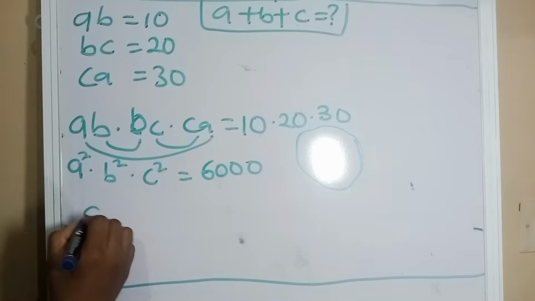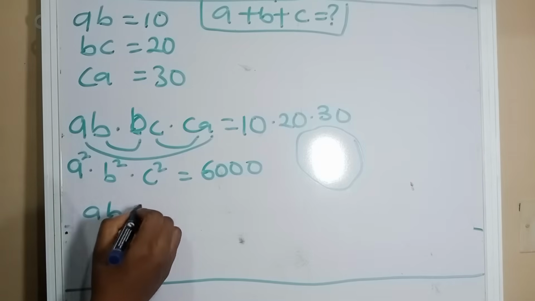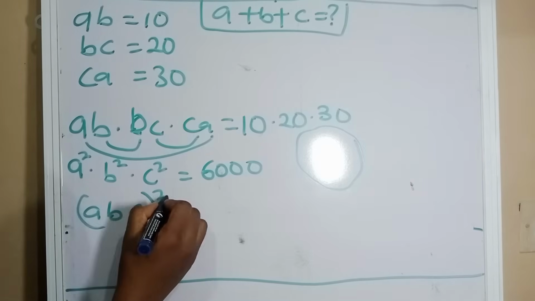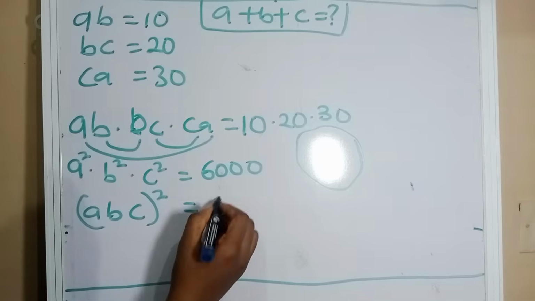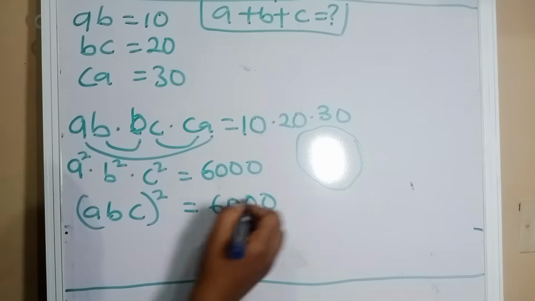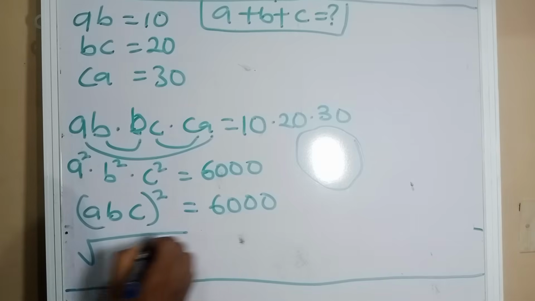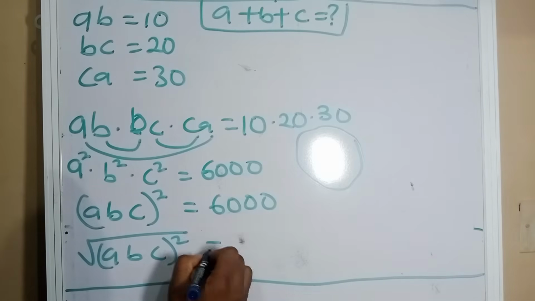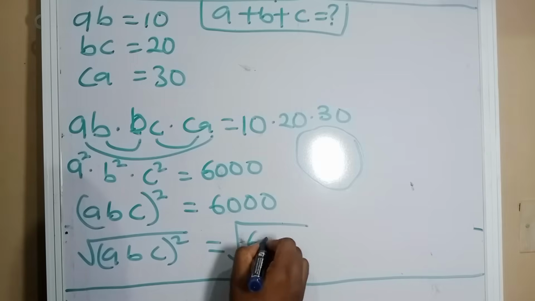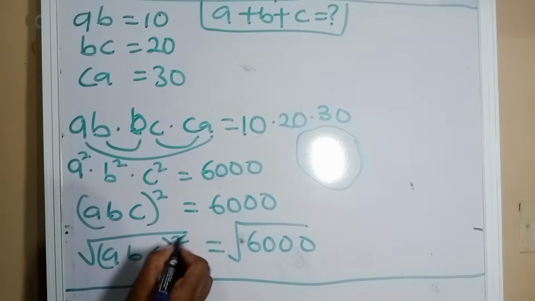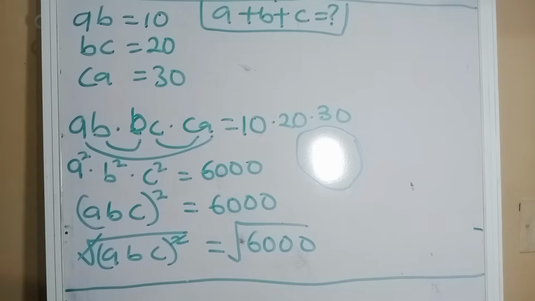So this we can bring them up together like so. And then we can find the square root of both sides. And this square cancels the square root.